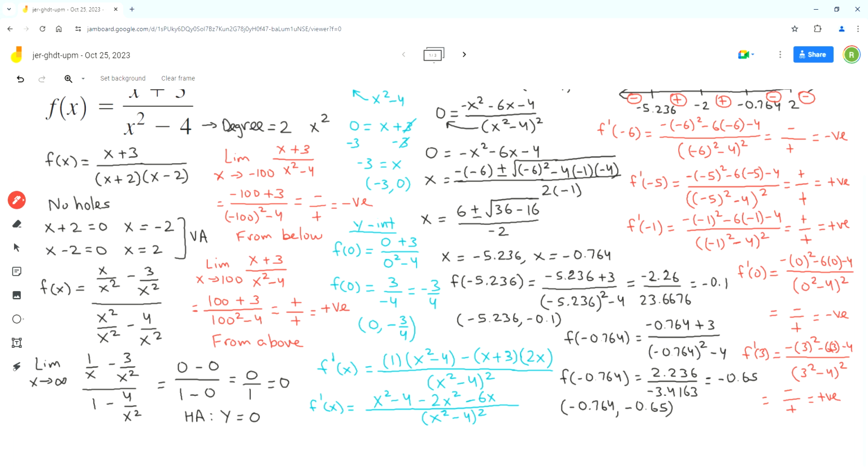So I can draw the grid here. So let's start with the vertical asymptotes, negative 2 and positive 2.